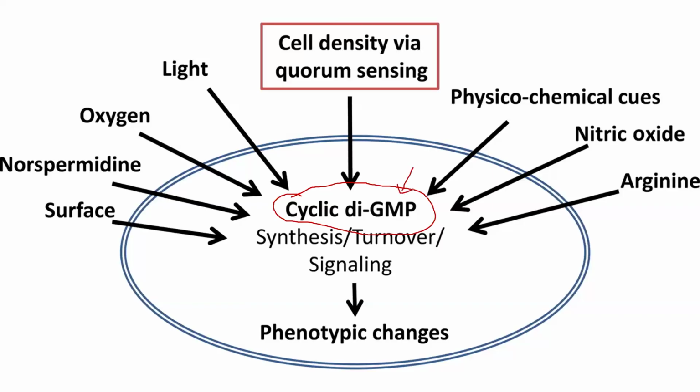And as we start getting an increase in cyclic di-GMP, or guanine monophosphate, it is another intracellular cue, just like cyclic AMP is, that has to be considered in relationship to all the other effects going on in the cell. So this is another measure of energetics and physiological changes inside of the cell.